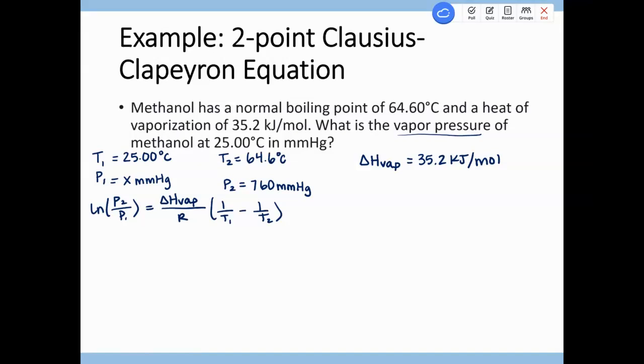What's one thing we've got to change? We need to change kilojoules to joules. Why do we need to do that? Yes, the gas constant R is in units of joules per mole Kelvin. So we need our energy unit to be joules. So we need to convert 35.2 kilojoules per mole to joules per mole. And that is 35,200 joules per mole. So we're multiplying by 1,000.